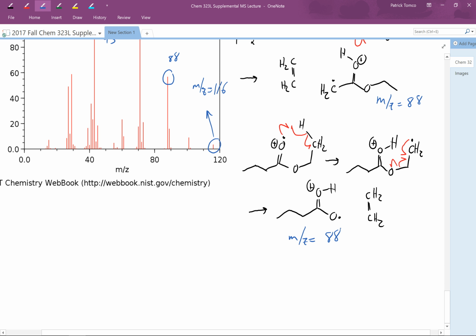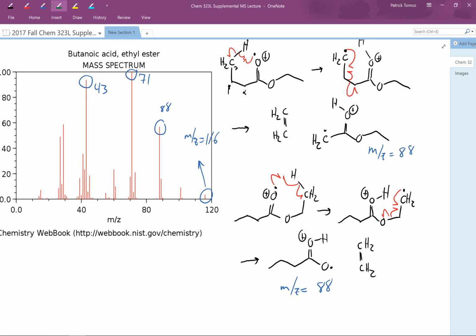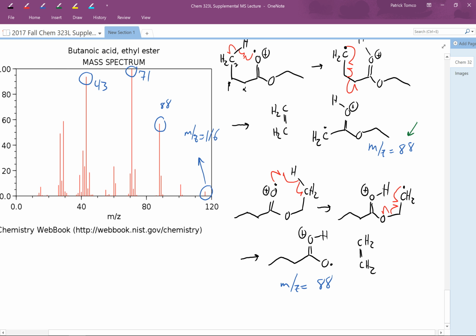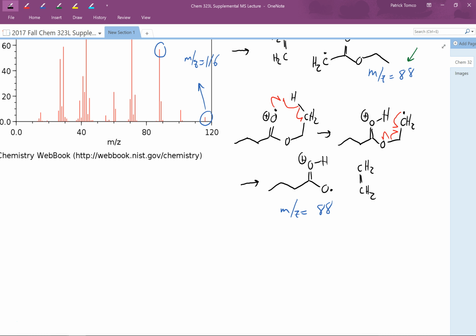Okay, well, 43, where did that 43 ion come from? I want to go back to one of these mass to charge of 88. So I'm going to look at this one here to give me my best explanation of where this 43 ion is generated from. And this, I'm going to write out off to the side. The oxygen is protonated, so it carries a positive charge. I have an oxygen adjacent, and I have a radical on the carbon. And so I'm just redrawing that mass to charge 88 species from before.